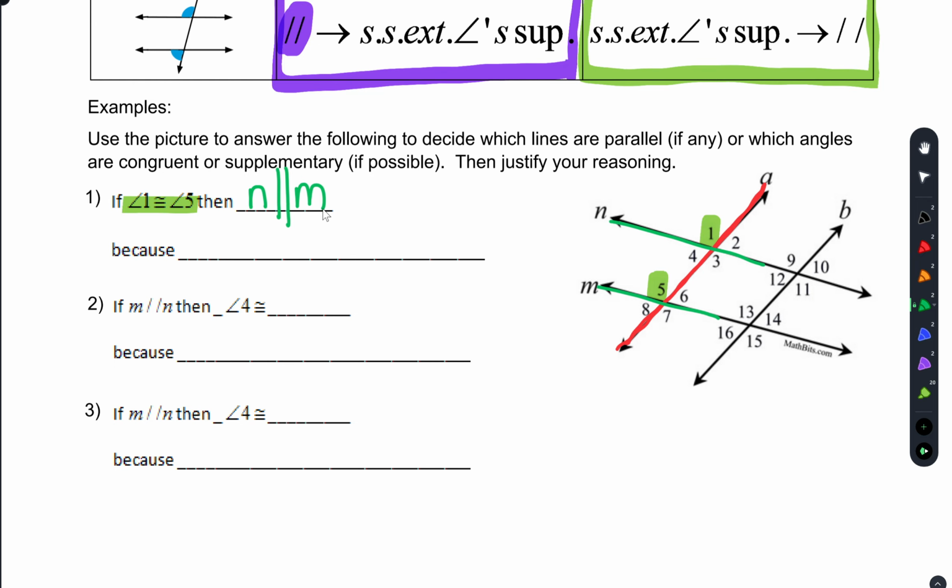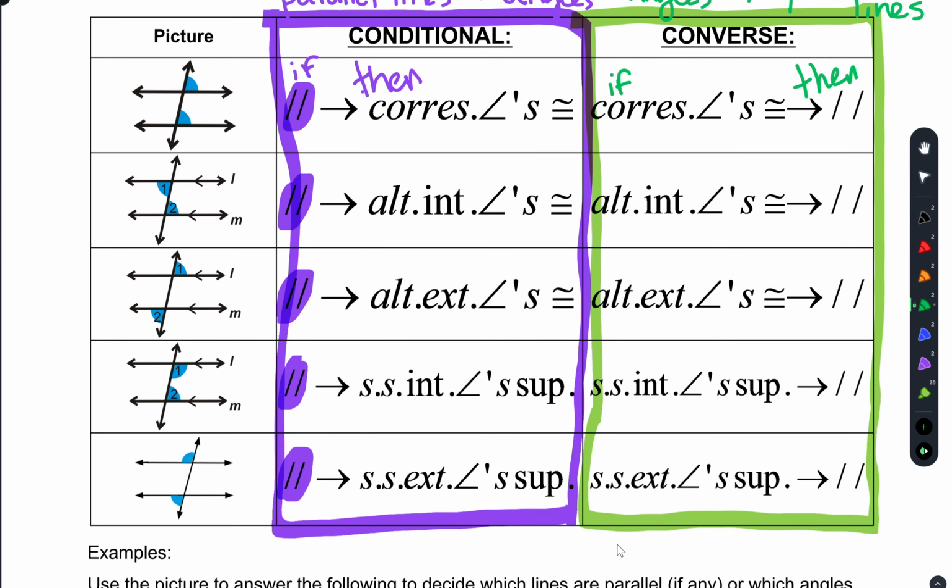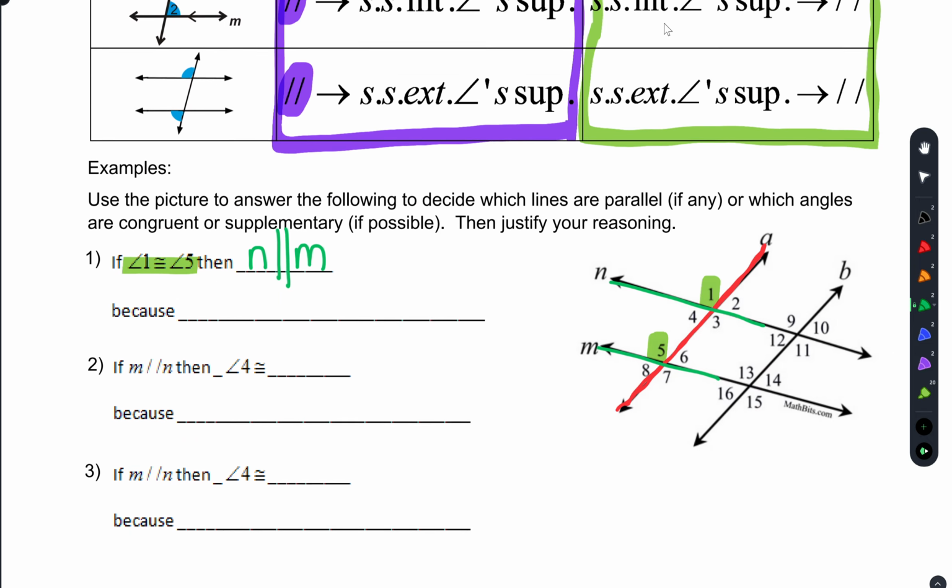And then our justification, I'm copying it from up here. I started with corresponding angles that are congruent. It implied that lines were parallel. So we use corresponding angles congruent implies parallel lines. Does that make sense what we're doing here?